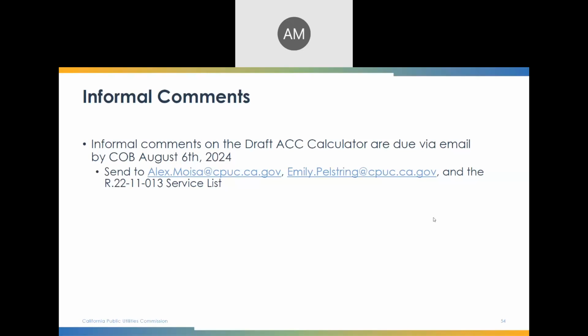And for informal comments, do send them to me at my email address, Emily Pelstring at emily.pelstring@cpuc.ca.gov, and the R2211013 service list as well. So we'll make sure to capture all of the comments that were both said or that you didn't get the chance to say for today's workshop. And I believe that is about it, unless anyone else has something we need to cover.